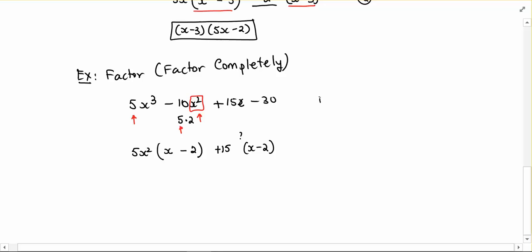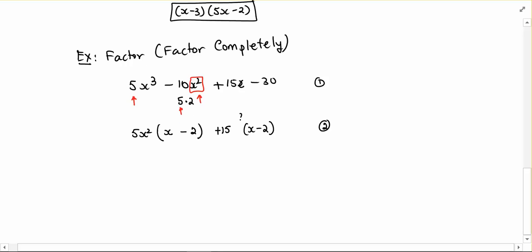So step 1, divide. Step 2, GCF. Step 3, GCF. So here is my second GCF. So step 3, x minus 2, 5x squared plus 15. Now if you're sitting there thinking, whoa, the problem is done, unfortunately it's not.